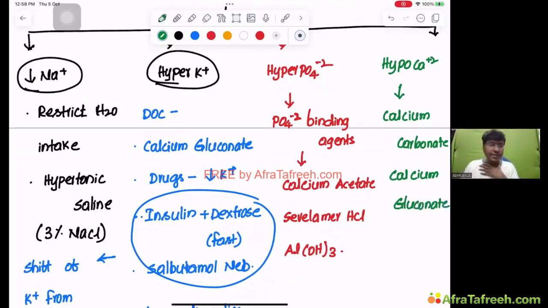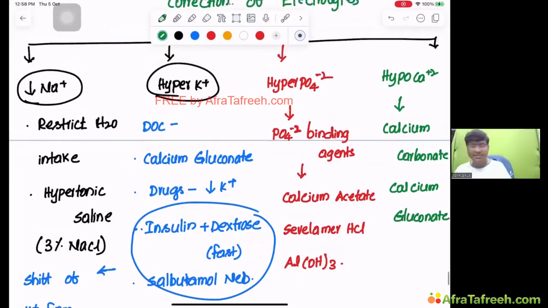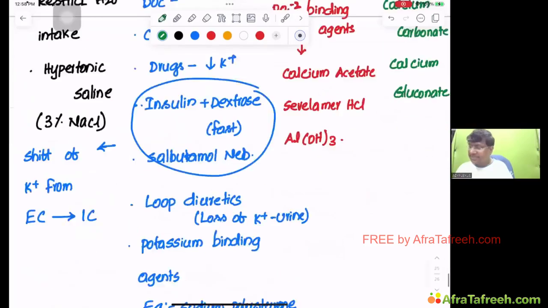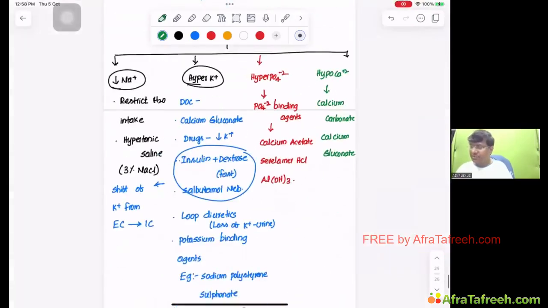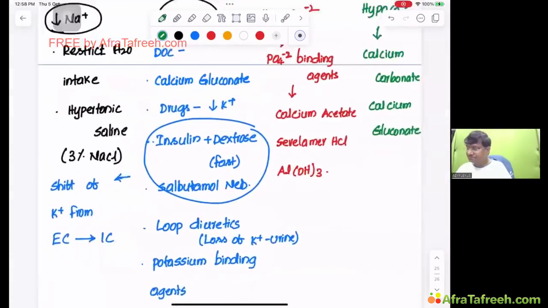Calcium carbonate or calcium gluconate. So that is how you will treat the hypocalcemia. Now, why is there hypocalcemia? That is because the calcium is binding with the phosphate. So this is about your sodium, potassium, phosphate, and calcium correction.